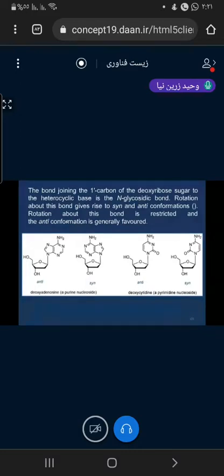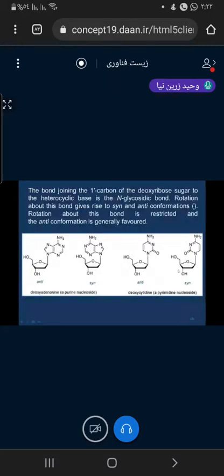Rotation about this bond gives rise to syn and anti conformations. Rotation is restricted, and the anti conformation is generally favored.